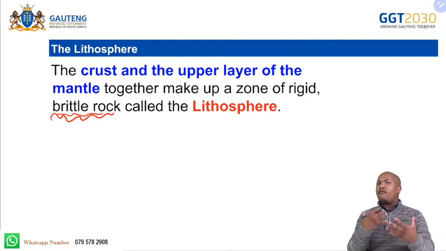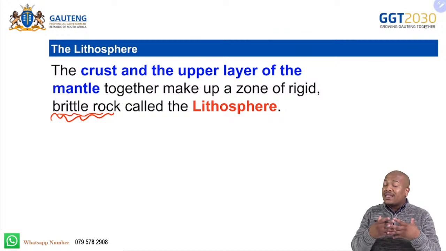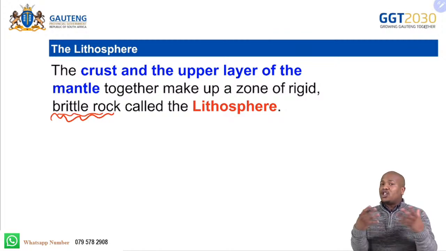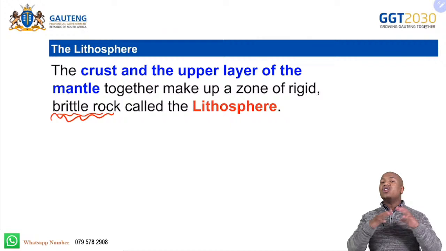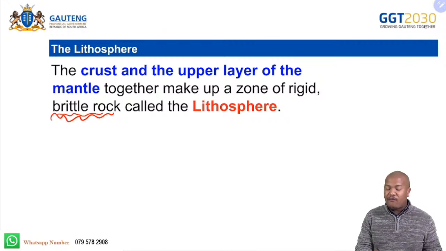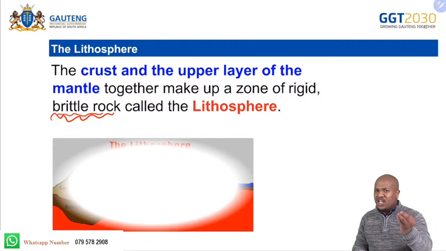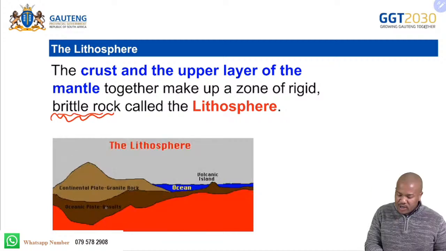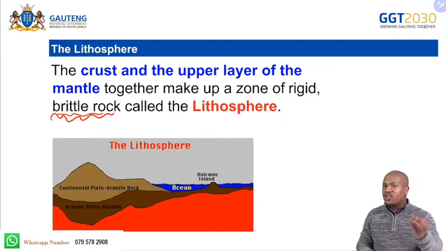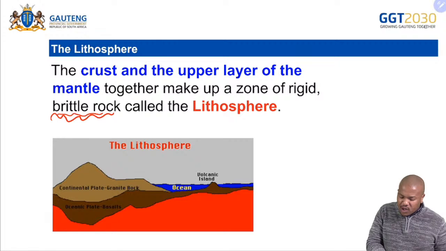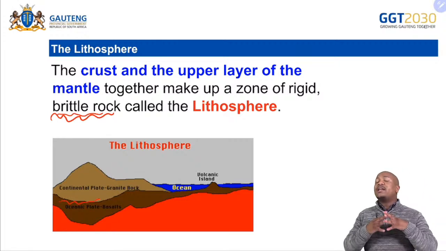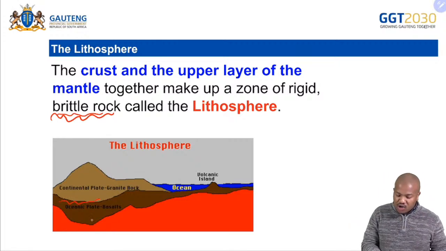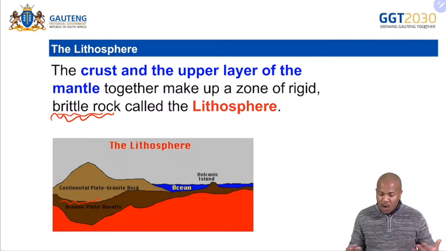So if you think of rocks, there are rocks that break easily due to weathering and erosion as well. All these rocks and the soil form what we call the lithosphere. So when you look at the lithosphere, it is all the solid rocks and soil. It is made up of the continental plate, which is made up of granite rock, and also the oceanic plate that houses the ocean floor.